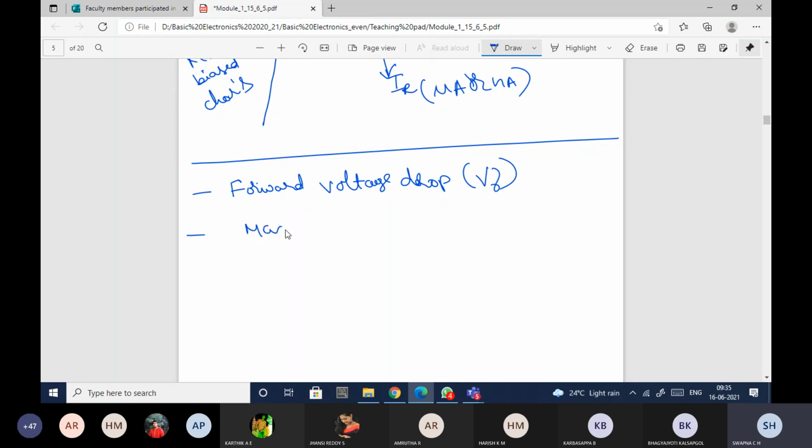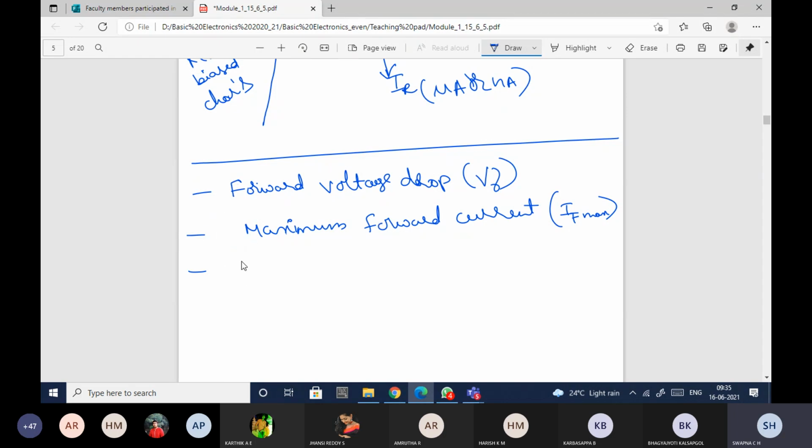Then maximum forward current, IF maximum. It should not exceed this maximum forward current. If it exceeds, then the diode will get overheated and damaged. In the sense, you cannot reuse the diode again.